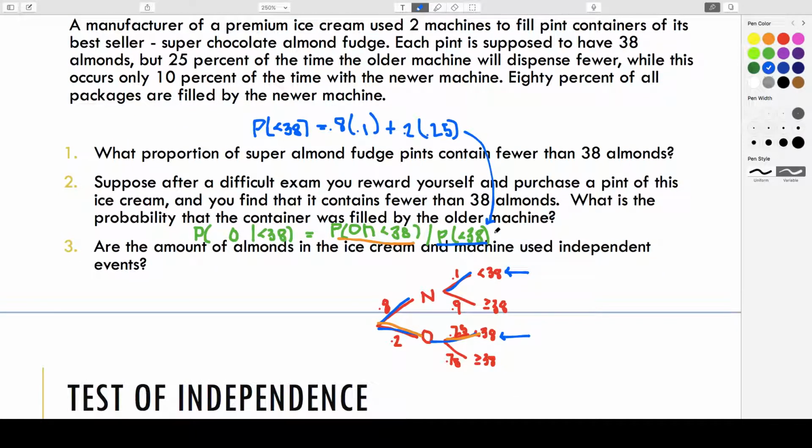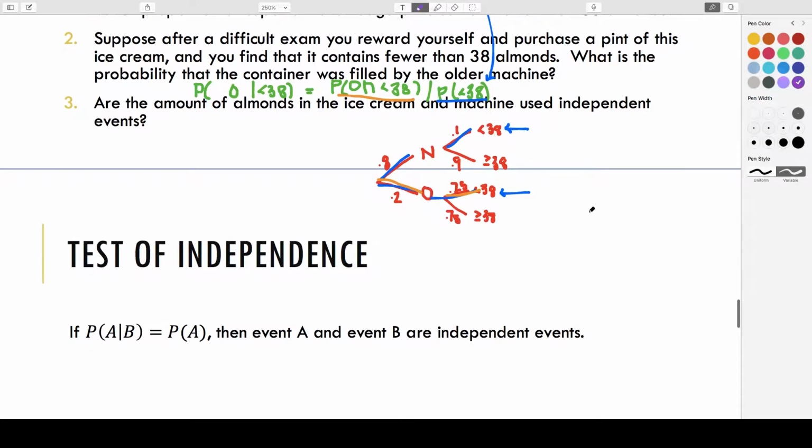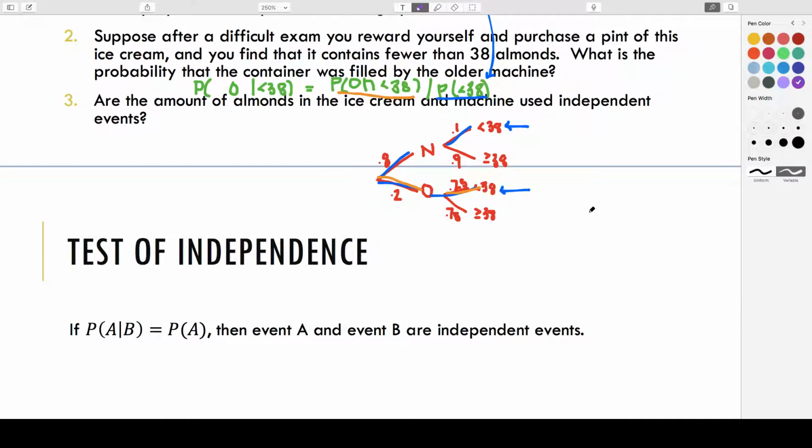All right, number 3. Are the amount of almonds in the ice cream and the machine used independent events? How do you figure it out? The probability of A given B. Yes, there is a test for this. If you're in the middle of a probability free response question and they're asking you about independence, please do not do a whole chi-square test for independence.